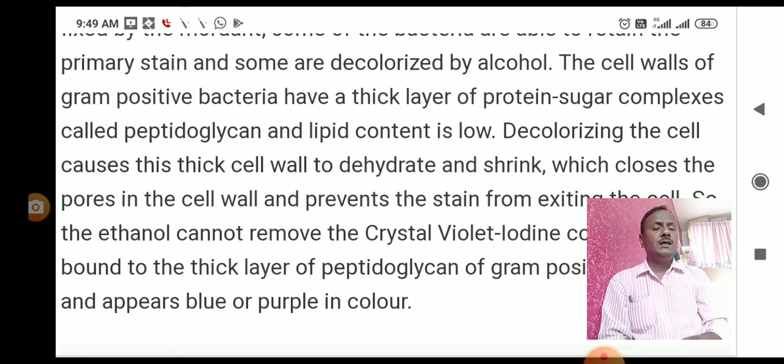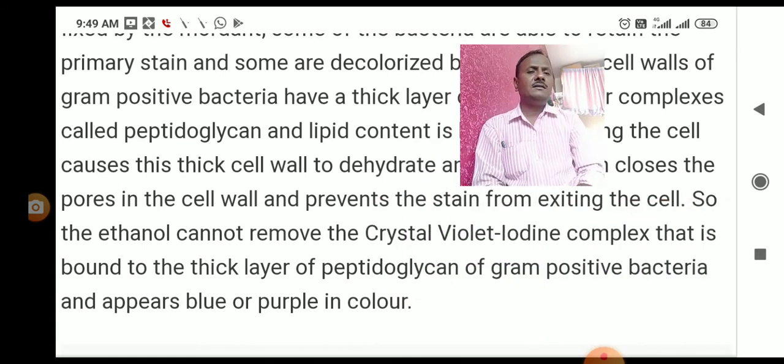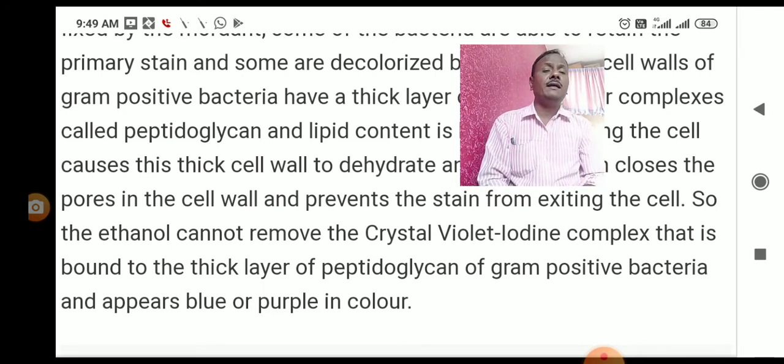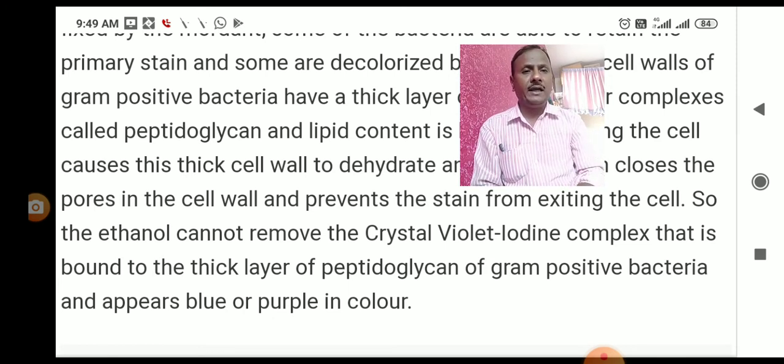Decolorization causes the thick cell wall to dehydrate and shrink, which closes the pores in the cell wall and prevents the retained stain from exiting the cell. This is the basic principle. So the ethanol cannot remove the crystal violet iodine complex bound to the thick peptidoglycan layer of gram positive bacteria, and they appear blue or purple.